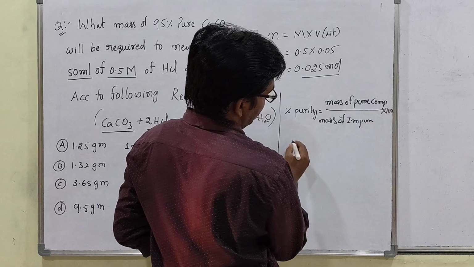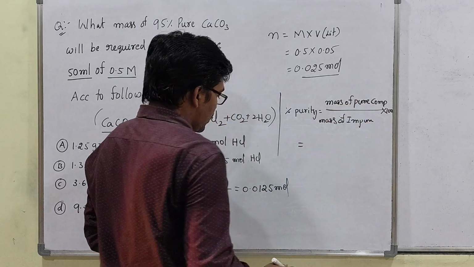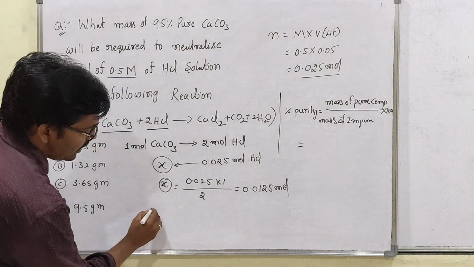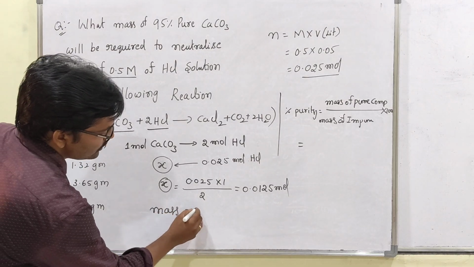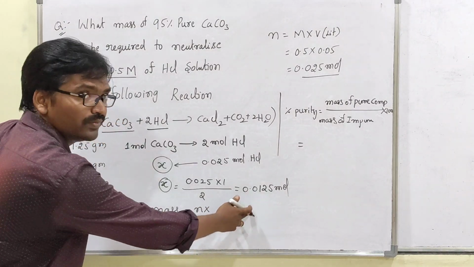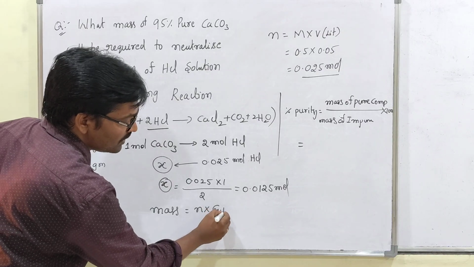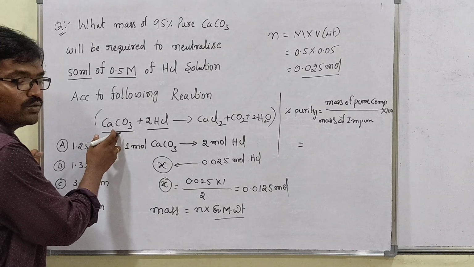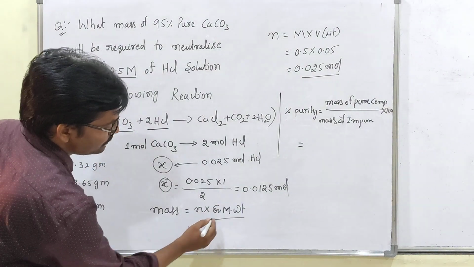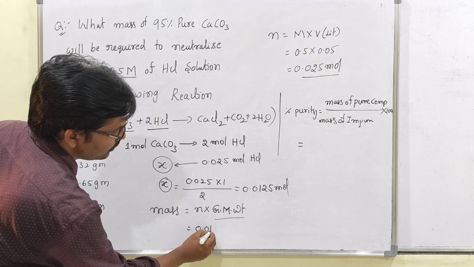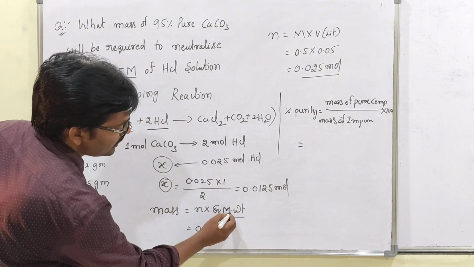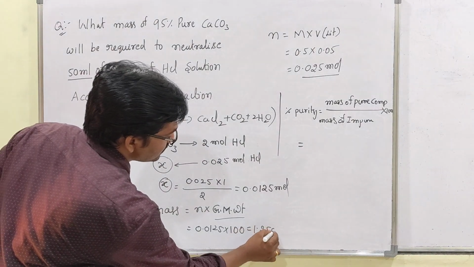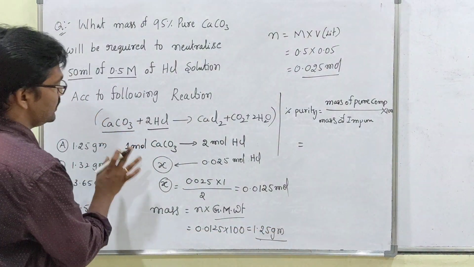Here we need the mass of pure compound, not the number of moles. Mass equals number of moles into gram molecular weight. The gram molecular weight of CaCO3 is 100, so 0.0125 into 100 gives 1.25 grams. This is the pure mass of CaCO3.